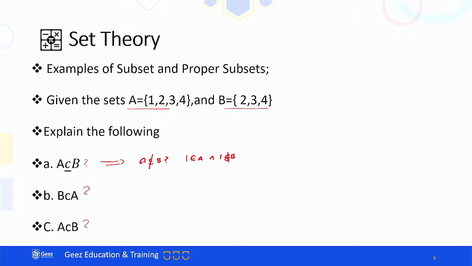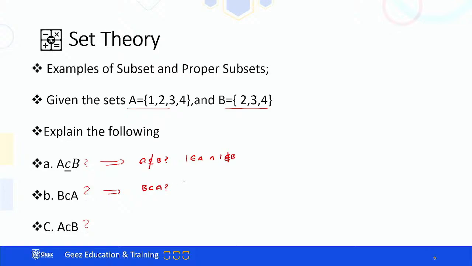Now let's proceed to question B. All right. So is B a proper subset of A is the question. Is B a proper subset of A? So we have to justify again the proper subset concept.